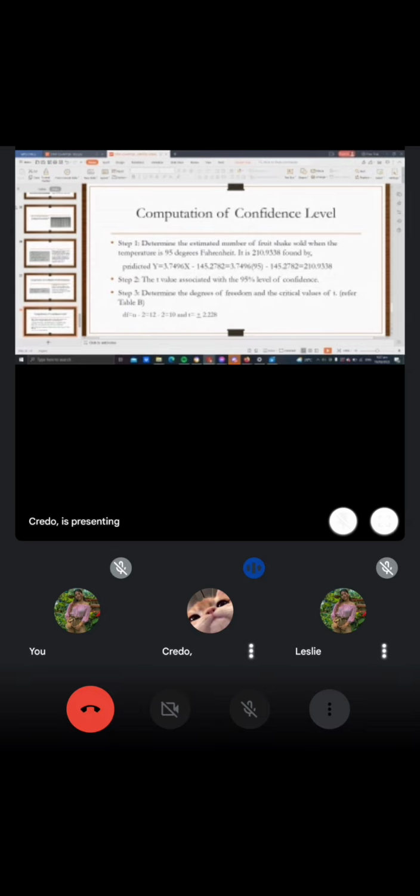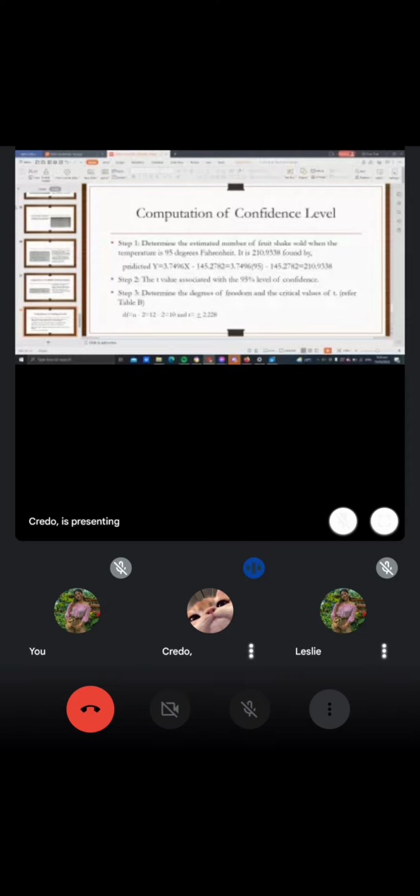Predicted y is equal to 3.7496x subtracted by 145.2782, which equals 3.7496 multiplied by 95 subtracted by 145.2782, and will equal 210.9338.